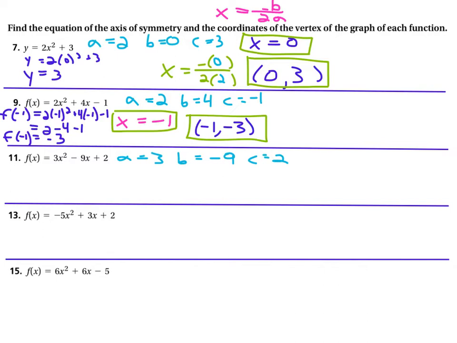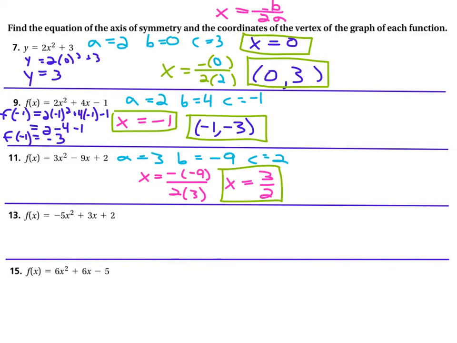If we wanted to find the axis of symmetry, we would say x equals negative b, or negative of negative 9, over 2a, or 2 times 3. That works out to x equals positive 9 over positive 6, or simplified, 3 over 2. X equals 3 over 2 is the axis of symmetry. That's the number we're going to plug in.